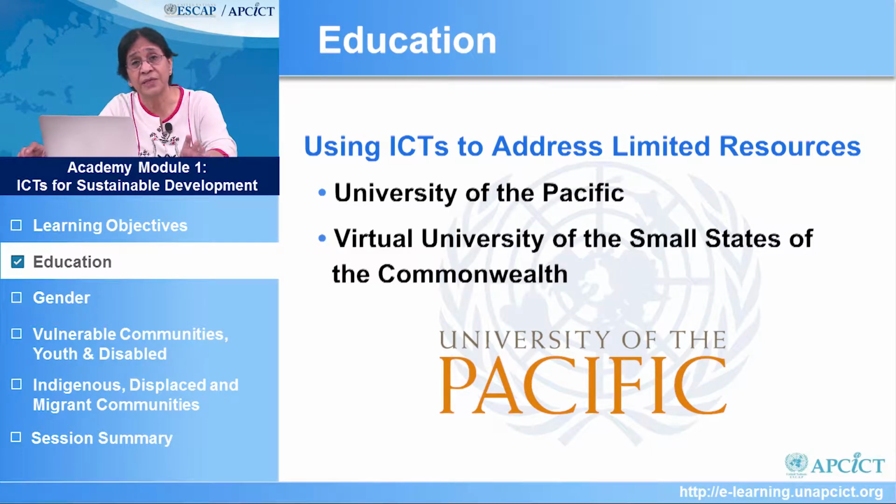The University of the South Pacific, as I mentioned earlier, provides distance education of very high quality to the students of these countries, irrespective of where they are. Another effort that is underway is the creation of online resources, basically MOOCs or massive open online courses or open educational resources, which are shared among universities of the Commonwealth. And this initiative is called the Virtual University of the Small States of the Commonwealth.